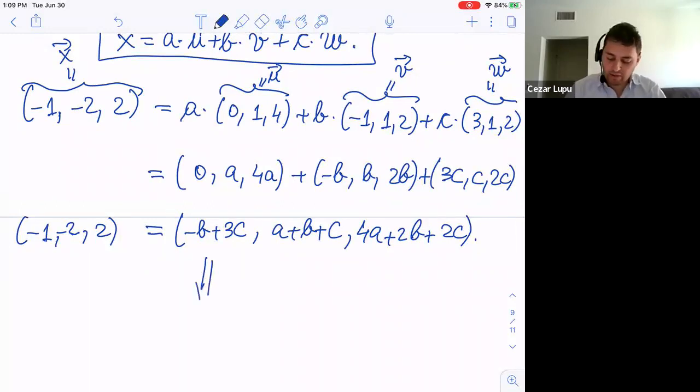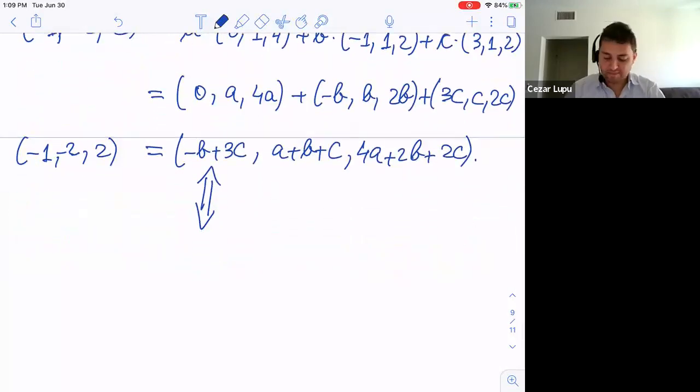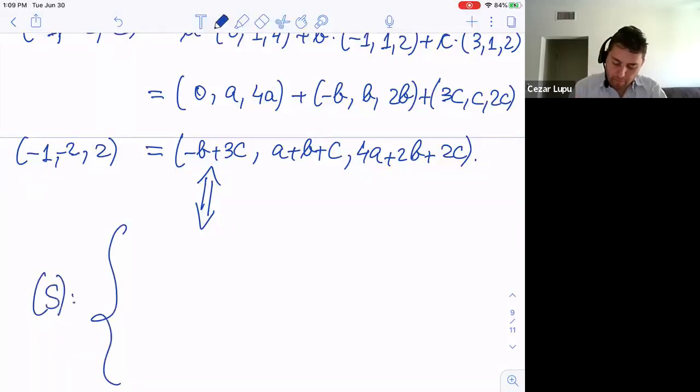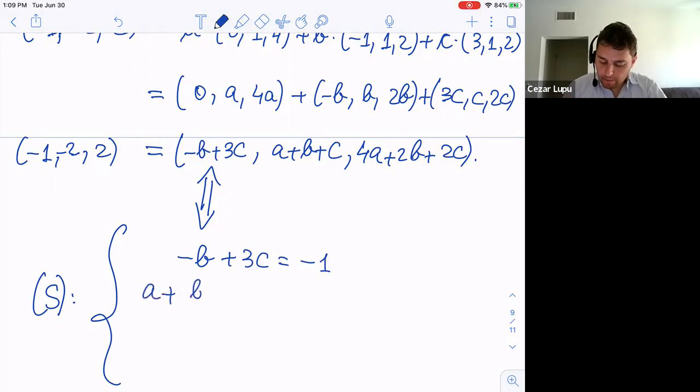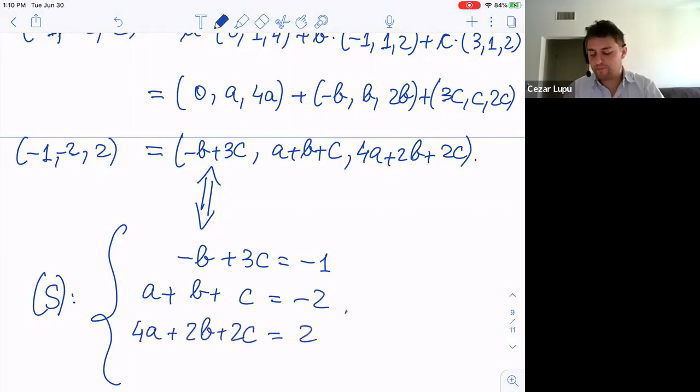Equating the corresponding components, we obtain the following system: negative b plus 3c is -1, a plus b plus c is -2, and 4a plus 2b plus 2c is 2.